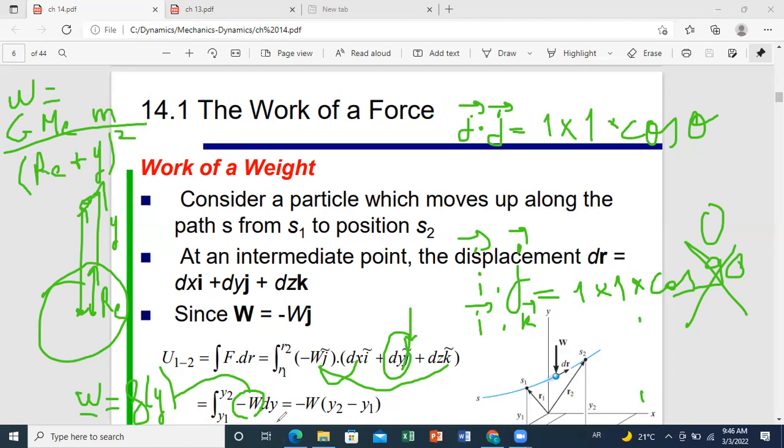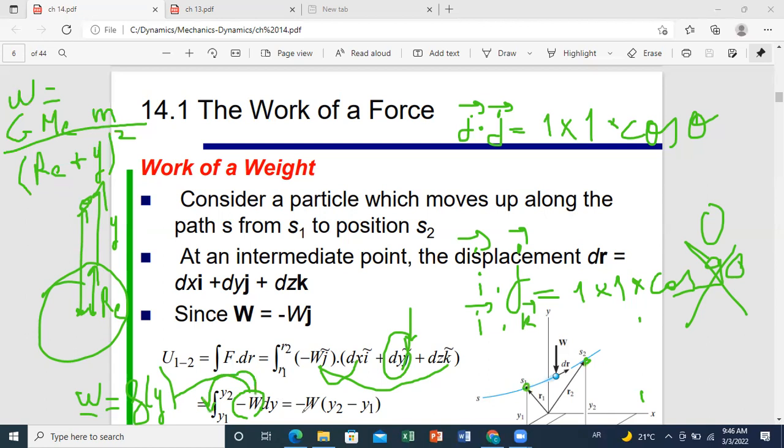But because in the majority of applications delta y is relatively small, which will not lead to a variation in the weight, we can consider it as constant and take it outside of the integral. And we obtain that the work of the weight when going from a certain position 1 to another position 2 is equal to minus w delta y.